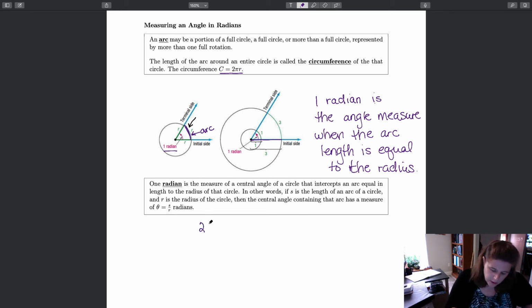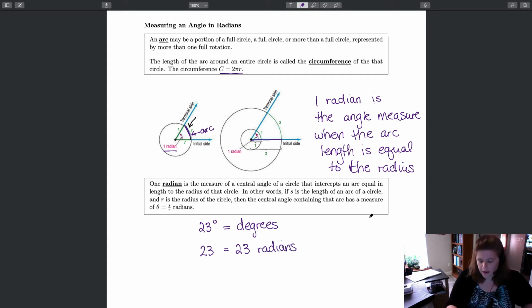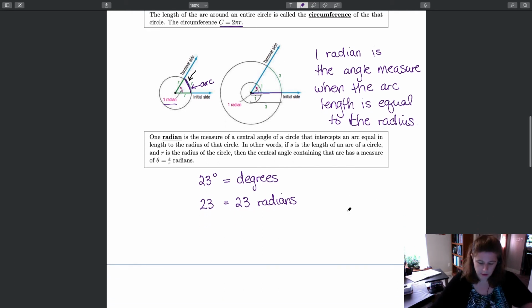So 23 degrees is in degrees. If you're dealing with an angle and it just says 23, we're going to assume that that's 23 radians. Be careful on this, because that is a common mistake, to just assume that we have a degree measure when we don't.